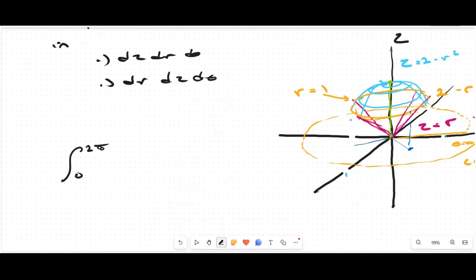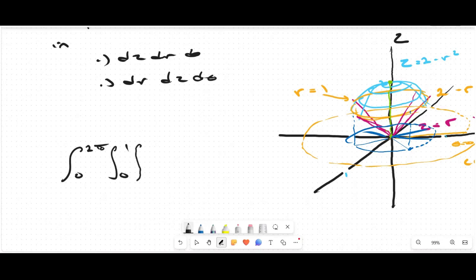Right, in any direction, we go as far as r equals 1. And then once I've done that, I get this nice circle in the r theta base. The floor, however, is not 0 in z.